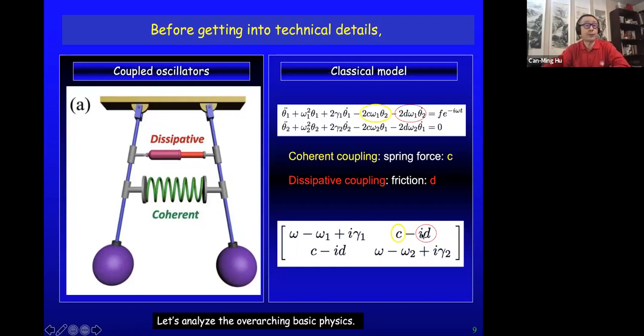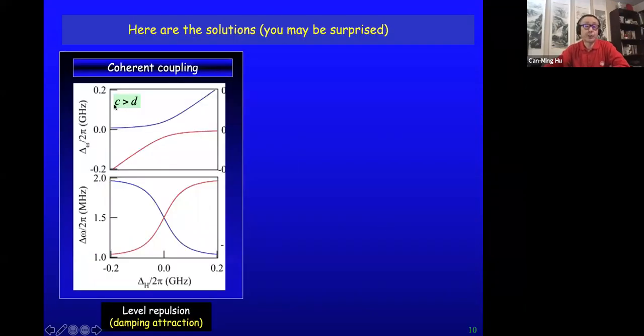And between these two forces, you see a phase difference of half pi because the velocity differs from the displacement by a phase difference of half pi. Now you can very easily solve this coupled system. Of course, if the spring force dominates, then you see this very conventional anti-crossing type of structure for the eigenmodes.